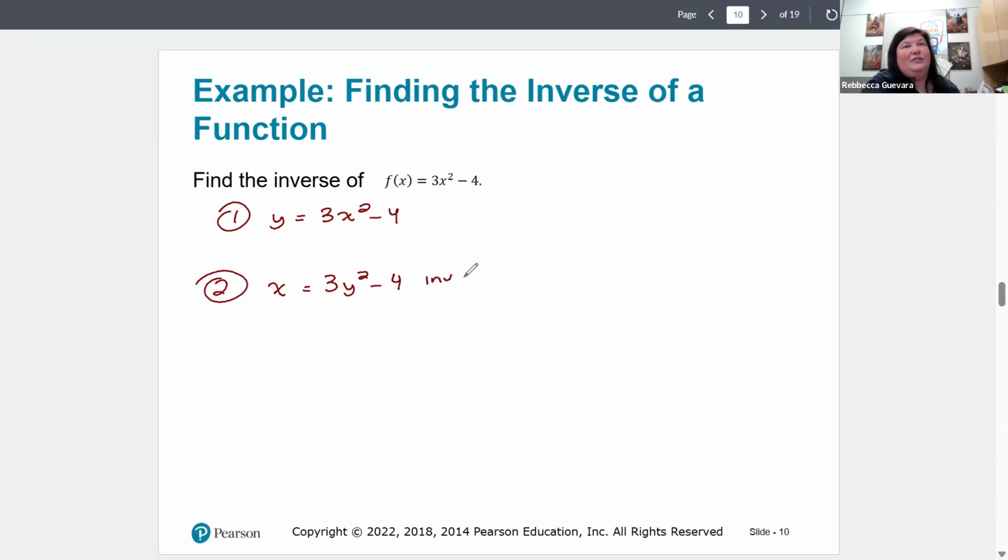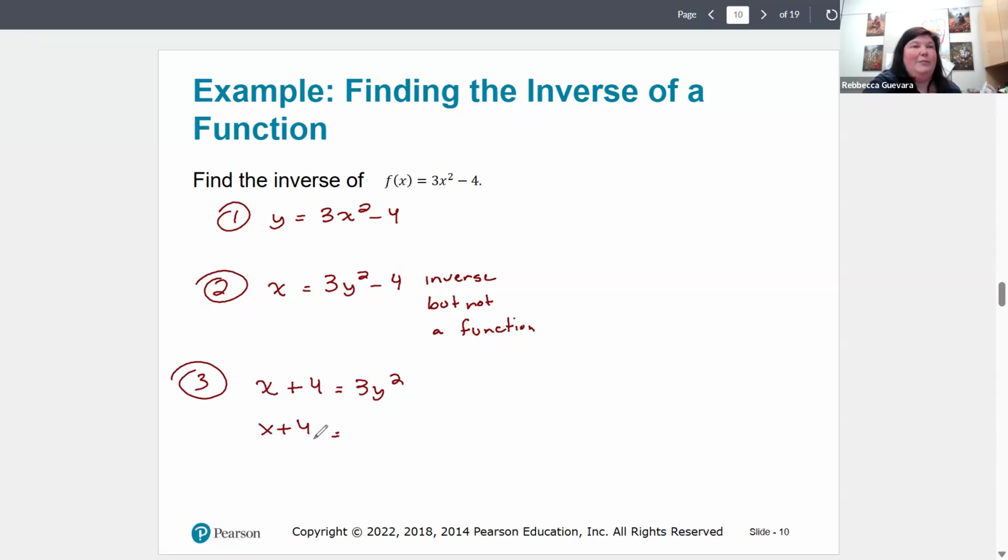So this is an inverse, but not a function. If I try solving this, we're going to have x plus 4 equals 3y squared, which means x plus 4 divided by 3 equals y squared.